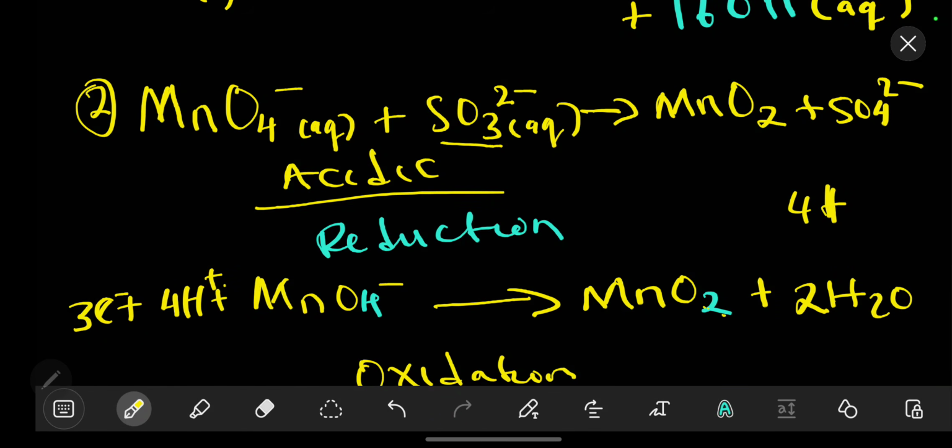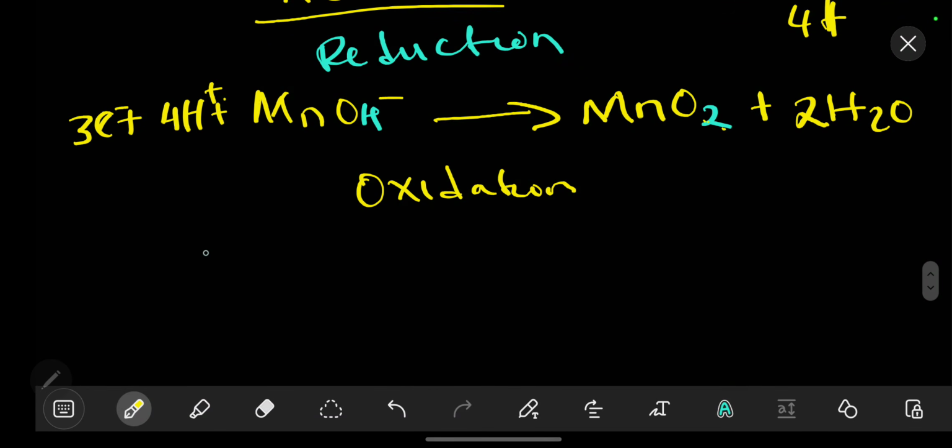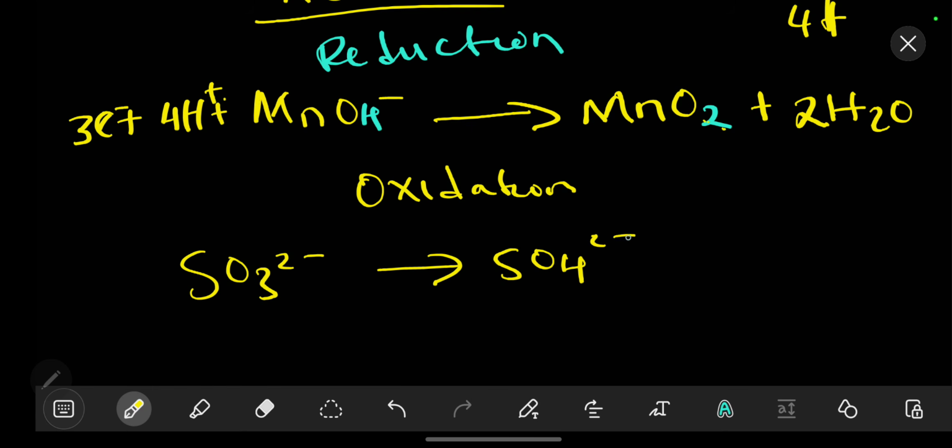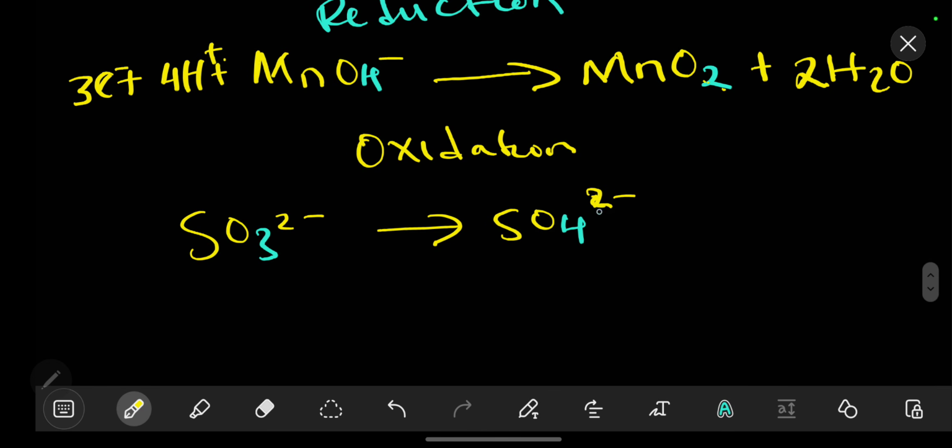So here it's supposed to be 2 negative. So our SO3 2 negative becomes our SO4 2 negative as well. Already you can verify that this is oxidation, since we are moving from 3 oxygens to 4 oxygens, meaning oxygen has been added, therefore it's oxidation.